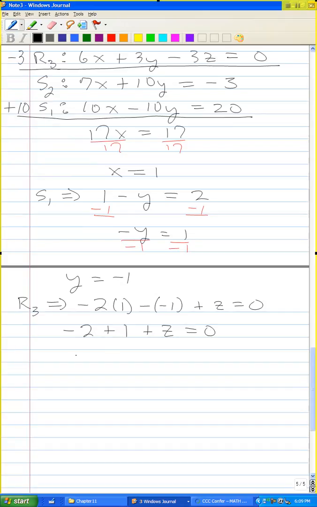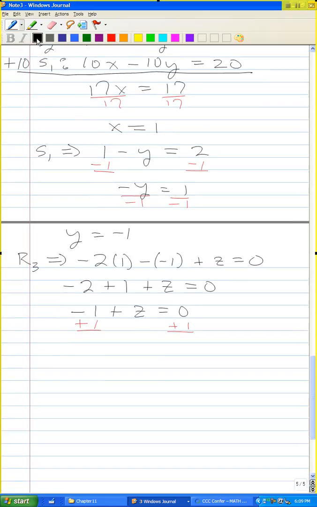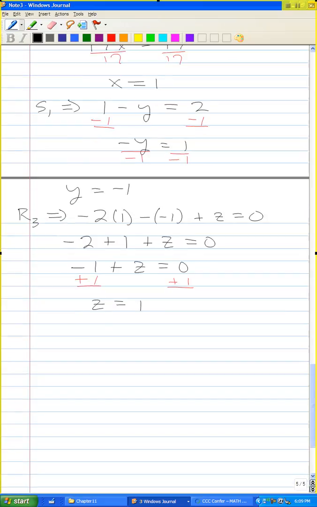Negative 2 plus 1 is a negative 1 plus z is 0. Add 1 to both sides of your equation. And so I have that z is equal to 1. Therefore, my solution is the ordered pair x is 1, y is negative 1, z is 1.